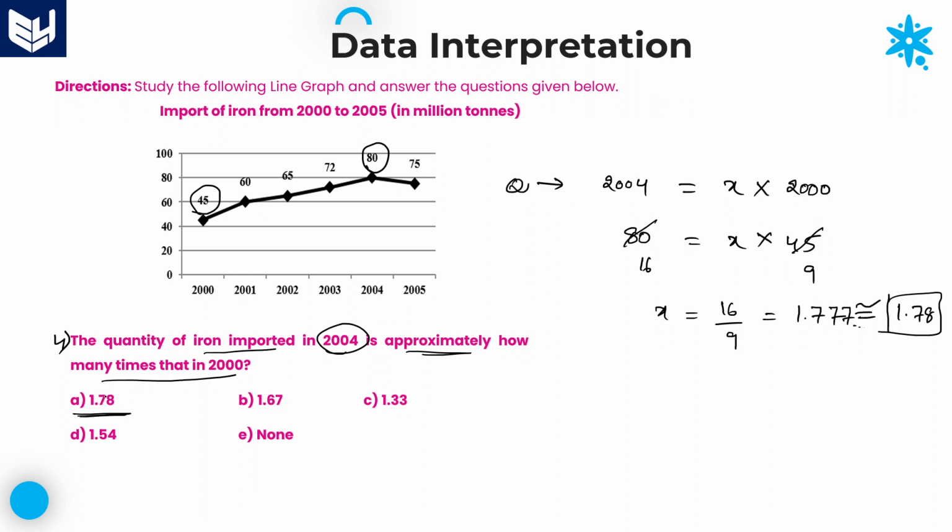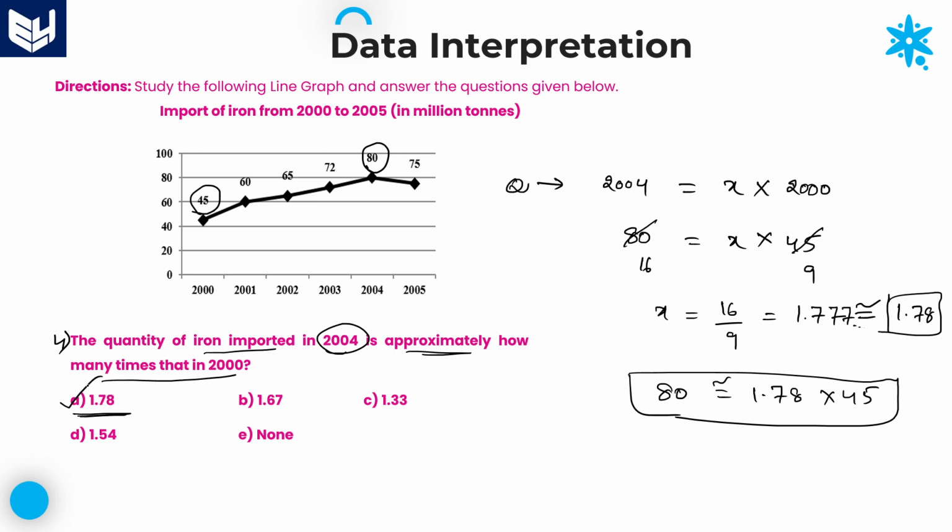The quantity of iron imported in 2004 is approximately 1.78 times that of the year 2000. That is the meaning of that particular question. Therefore our required answer is option A.